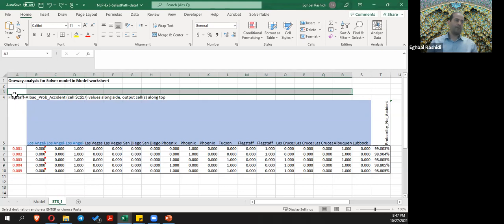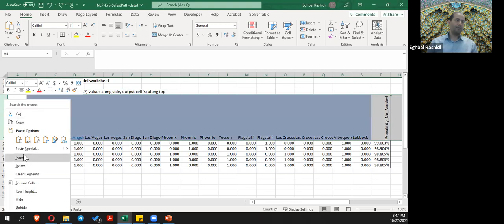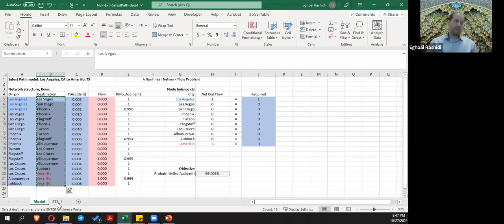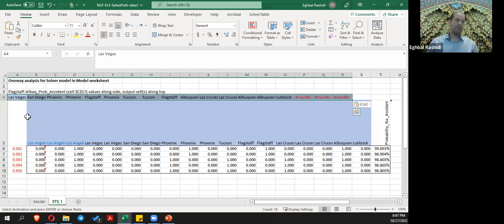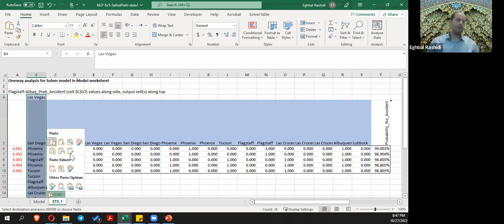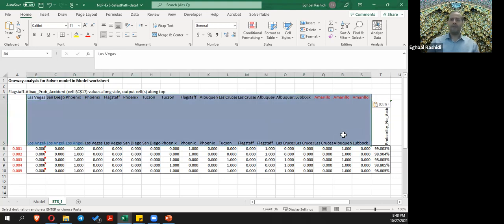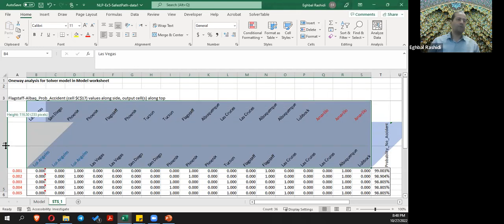Copy, paste. Okay. Now I want this smaller.